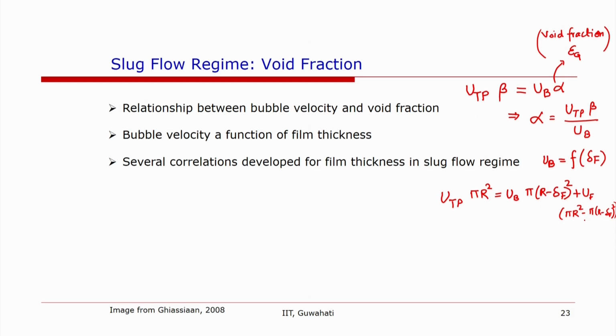Okay, so one can obtain UB as a function of film thickness.